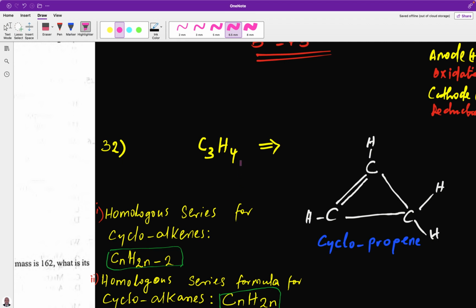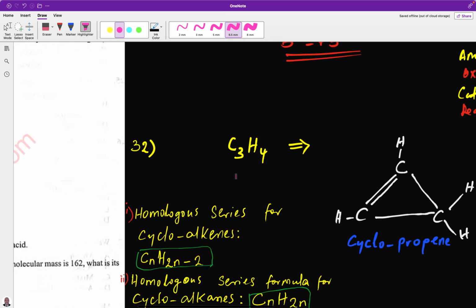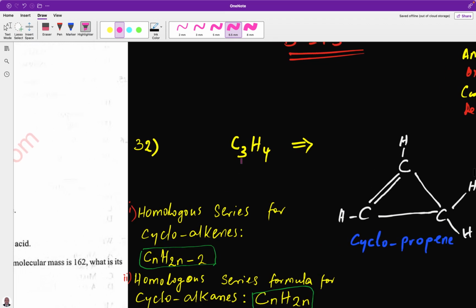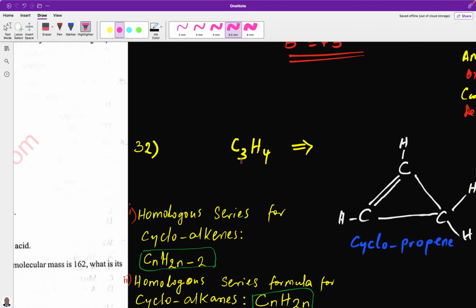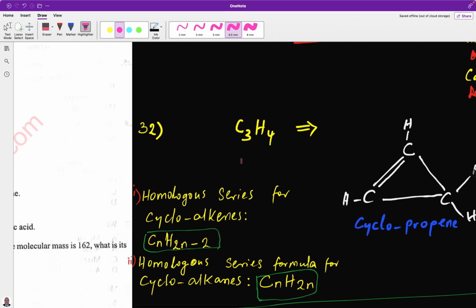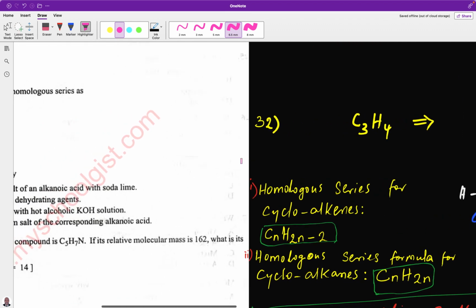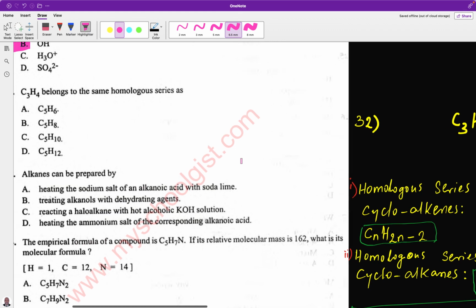Now, the compound that we are saying belongs to CnH2n minus 2. The question is, which of the four does C3H4 belong to the same homologous series as?